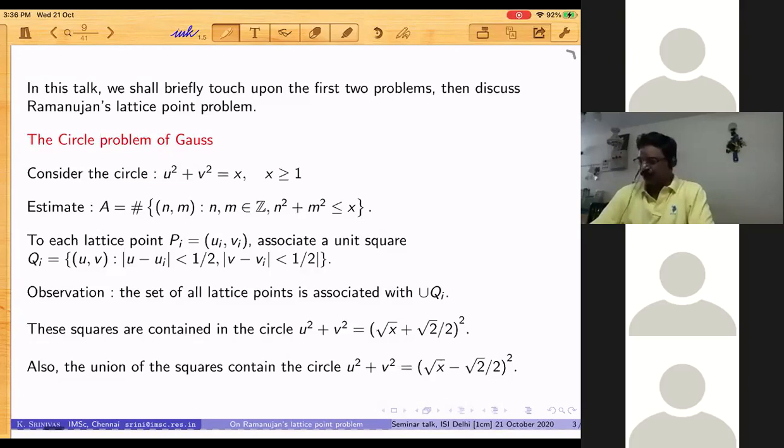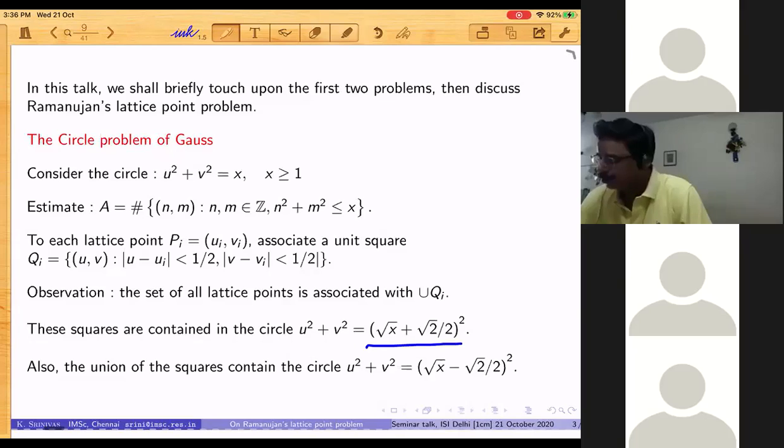If you take a little bigger circle, we have, let's say, one lattice point here, and this is a unit square. The union of all these squares will contain the lattice points.